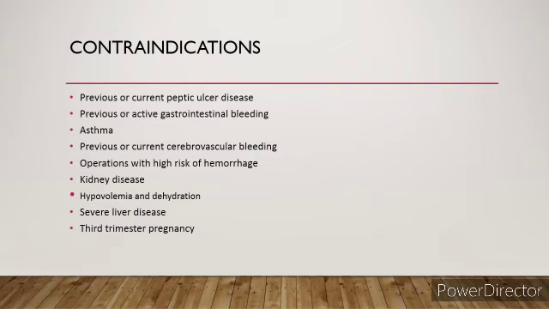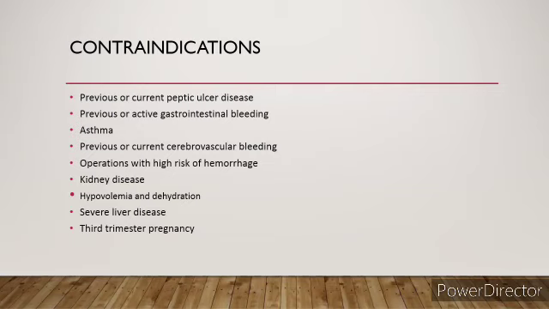This is because diclofenac blocks COX-1. Remember, in the side effects we talked about gastric bleeding, and this patient already has peptic ulcers, so the risk of gastric bleeding will be high.